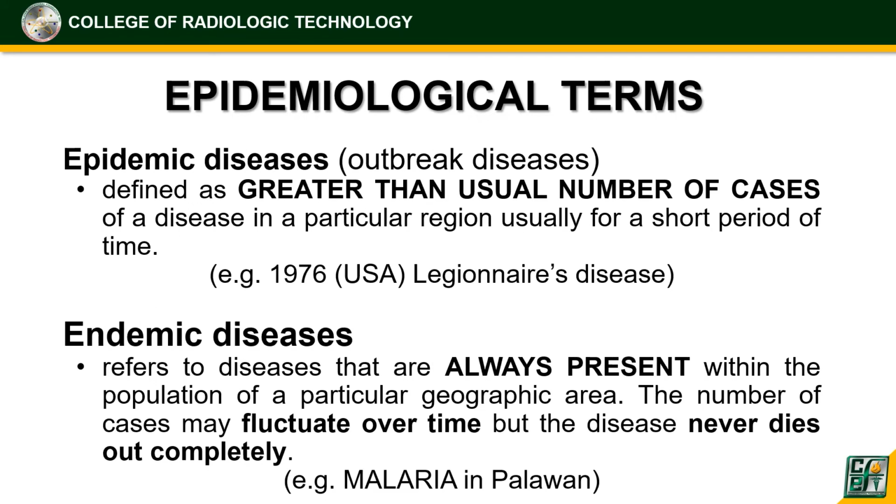Okay, the next term is epidemic or outbreak diseases. It is defined as greater than usual number of cases of a particular disease in a particular region, usually for a short period of time. One example of this is the Legionnaires' disease that happened in the USA in 1976. This Legionnaires' disease is a type of pneumonia.